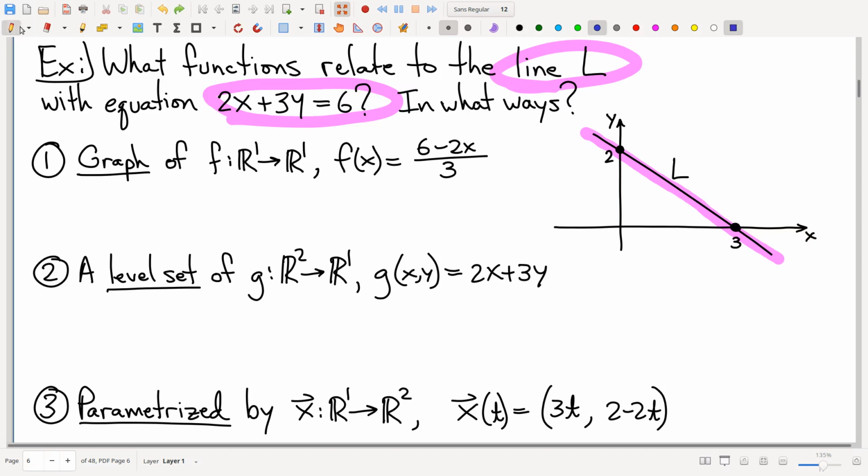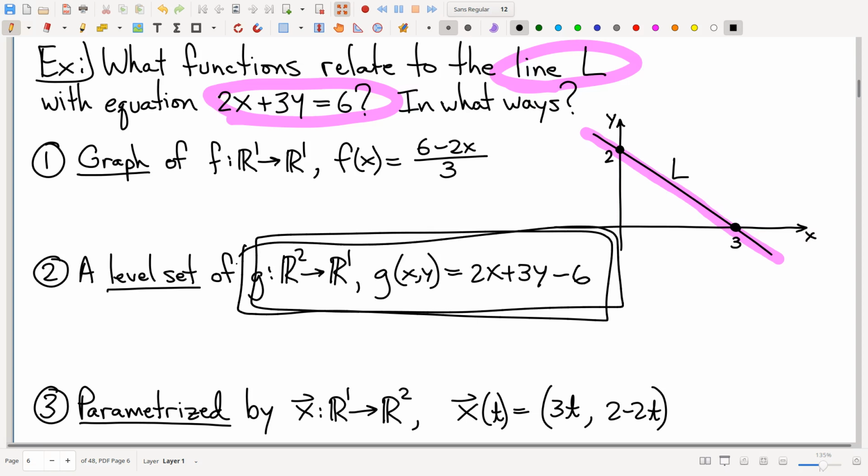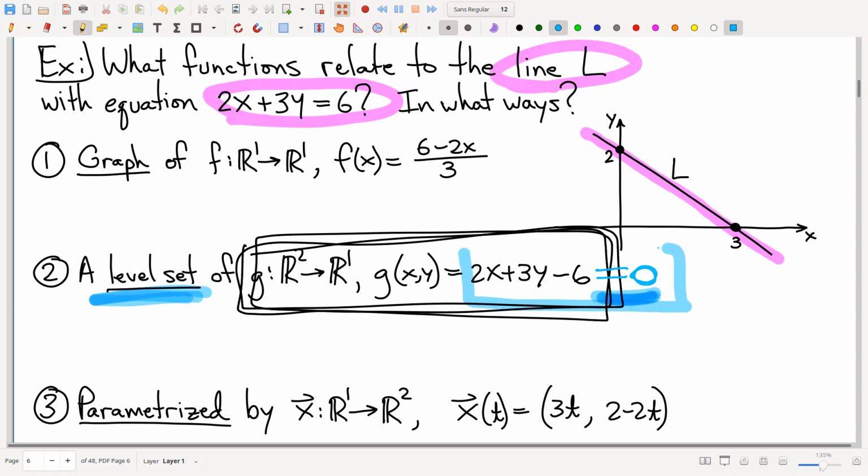Sorry, I wanted to be in pencil mode. But if I were to say minus 6. Now, this is a perfectly reasonable function, and one of its level sets is the same line. It's a different level set. It's the level set I get where I set this equal to 0 in this case. But again, notice a level set of that function is, again, an equivalent equation. Is that cool?